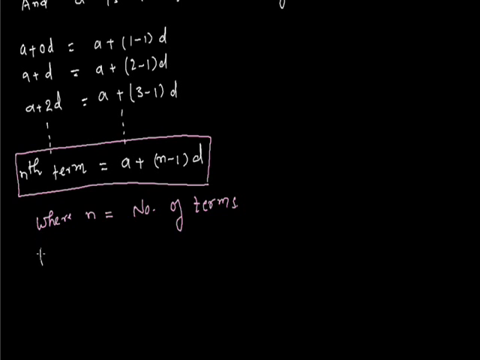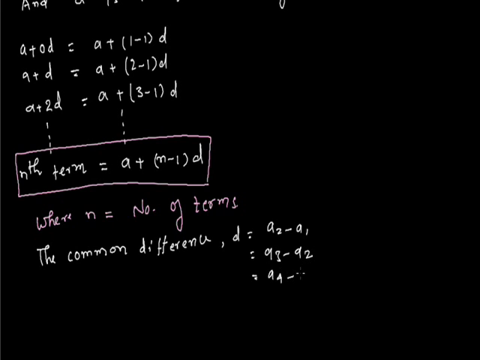And the common difference d can be generalized as follows. We know that the common difference is the second term minus the first term, the third term minus the second term, the fourth term minus the third term.